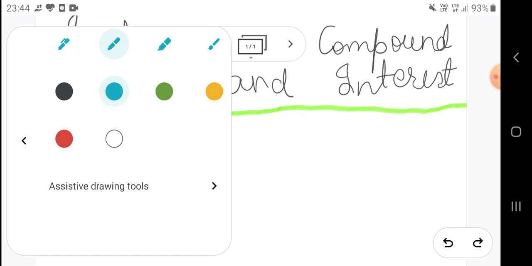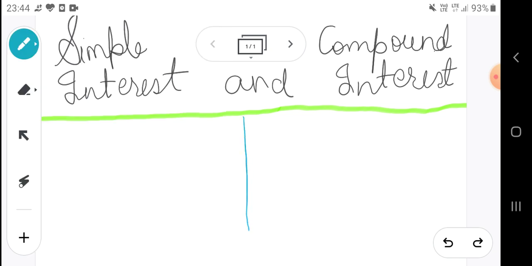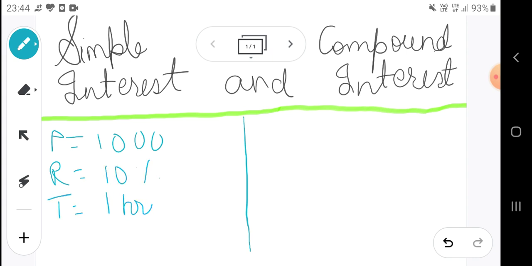Now simple interest is, I will just give you an example of this. Now in simple interest, the principal, let's take it's 1,000, rate is 10%, time is 1 year. So how will you find it?